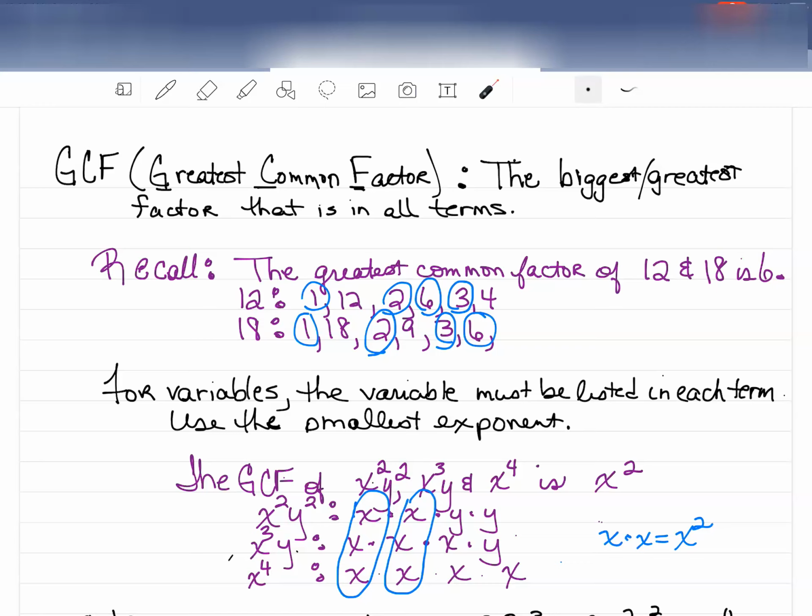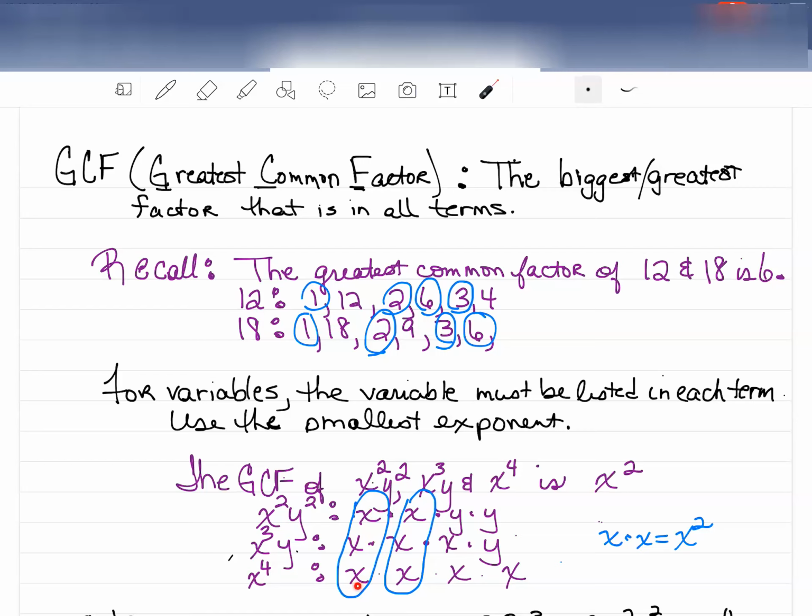And so I don't need to write no y's. So if I look at the x's, notice that the smallest number of x's I had was 2, because I ran out of x's on that x squared y squared to use with the x cubed y or even the x to the 4. Notice that 2 was the smallest exponent on my x.